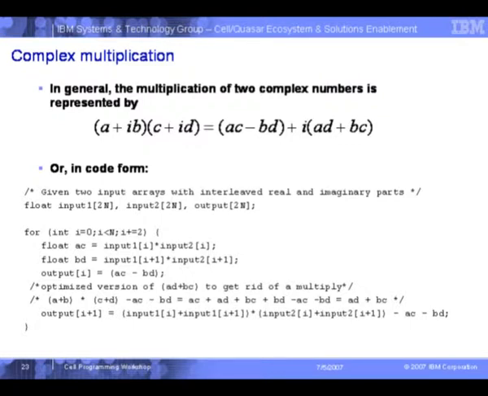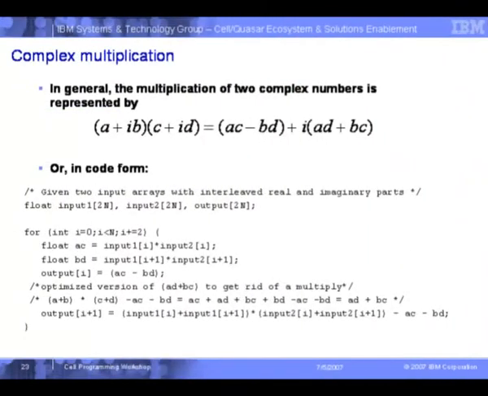So in a scalar form, normally what you would have to do in your simple code, right? Your input vector is input 1, consisting of 2n elements. The reason it's 2n elements is because it's storing A, the real part, and immediately following the real part is the imaginary number.